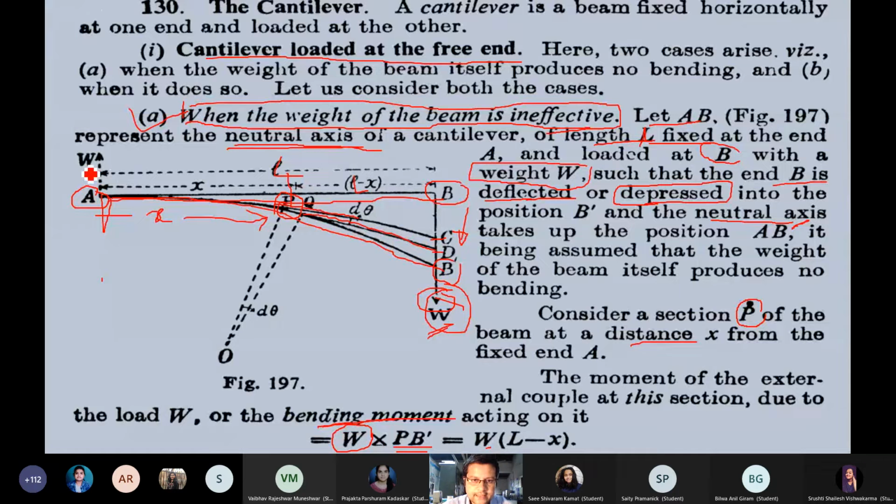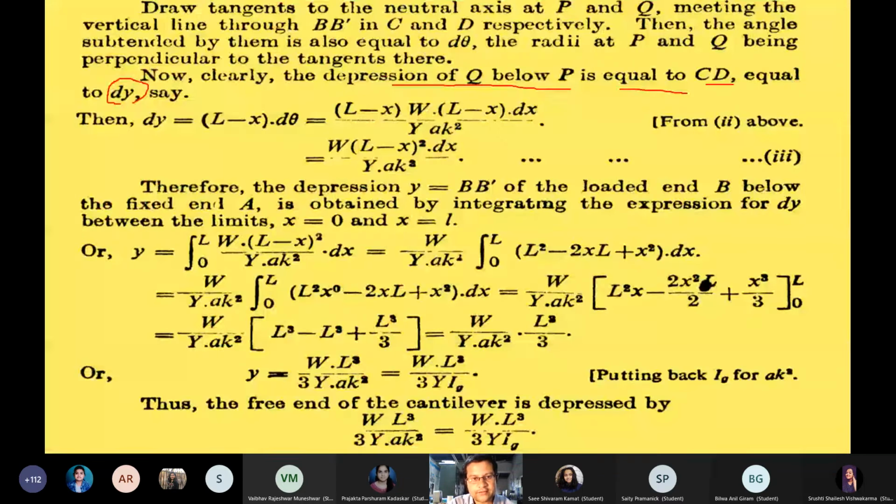Now these are the tangents, because you have a depression and new deflections, you have some points P and Q, and corresponding changes to be observed. On the perpendicular axis, the new position of that particular deflection has a magnitude of CD, and that magnitude of depression we consider over here as dy.